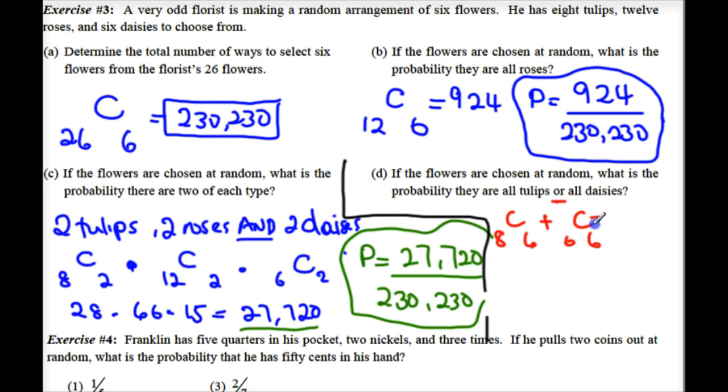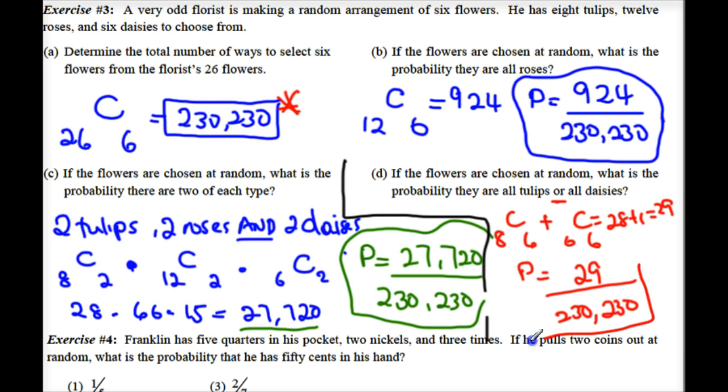This is actually going to equal 28 plus 1, which is 29. So therefore, the probability would be 29 out of my total, which goes back to part A, 230,230, and this would be my final answer.